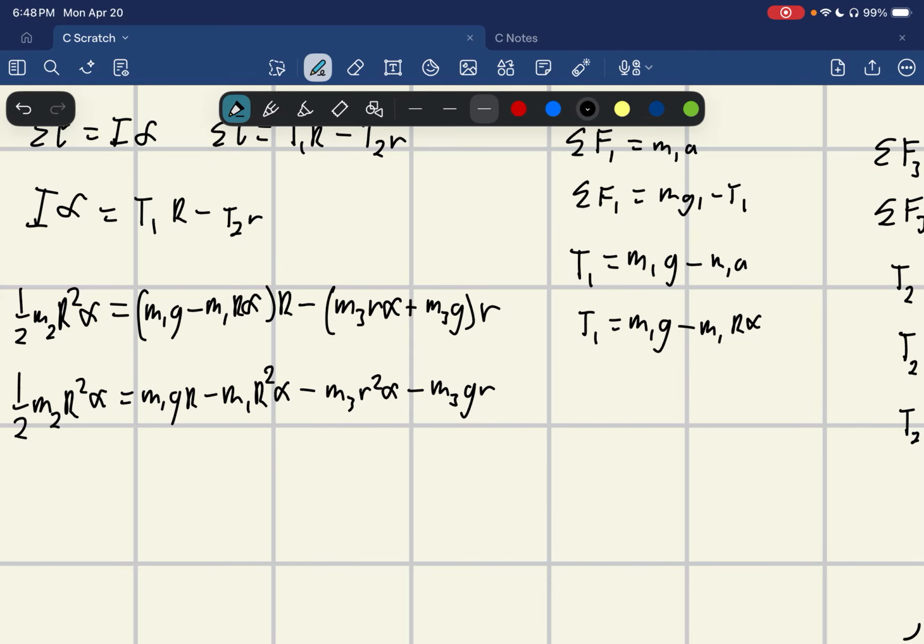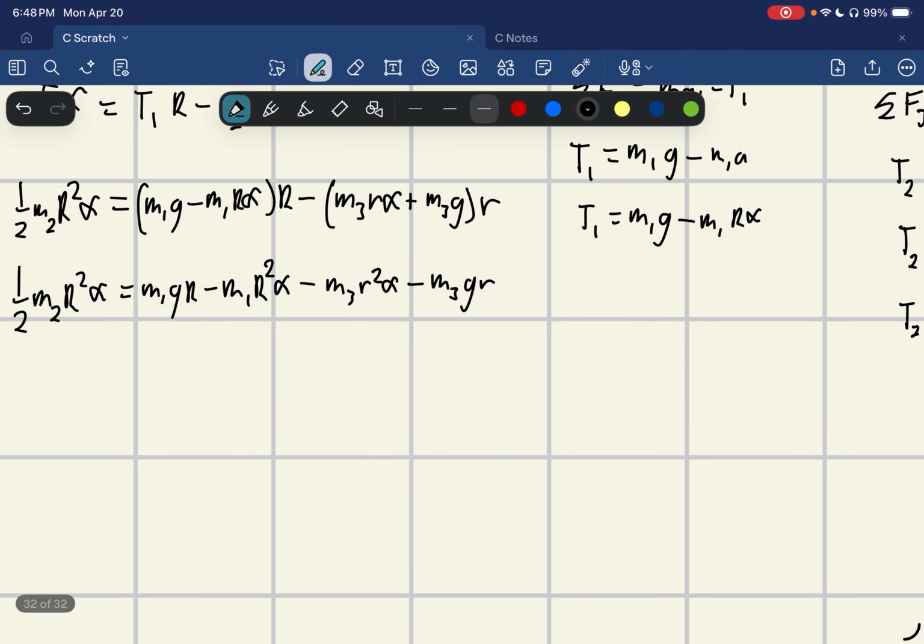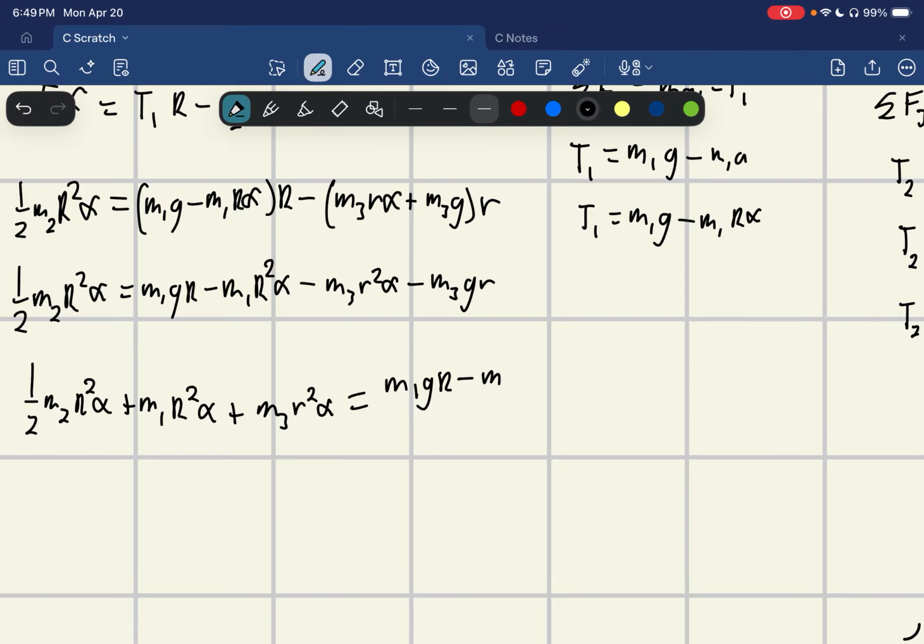And here I'll just move everything of alpha to one side. So it would be 1/2 M2 big R squared alpha plus M1 big R squared alpha plus M3 lower r squared alpha is equal to M1 g big R minus M3 g lower r.